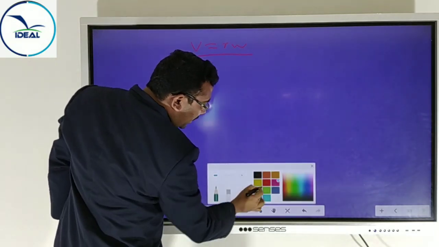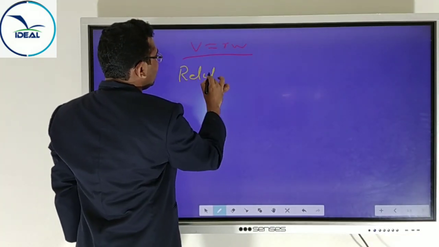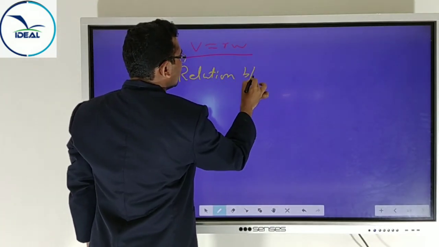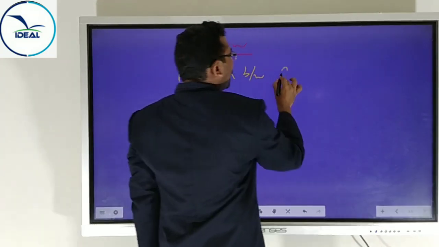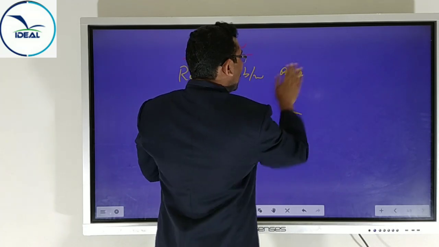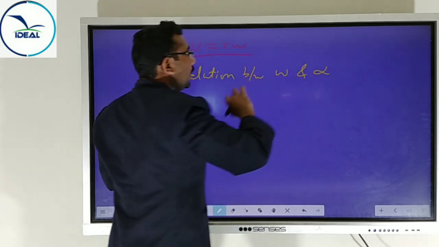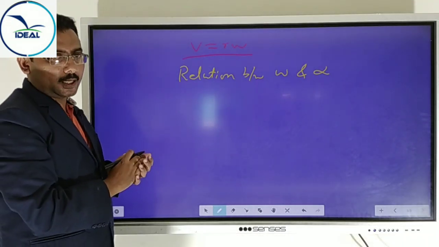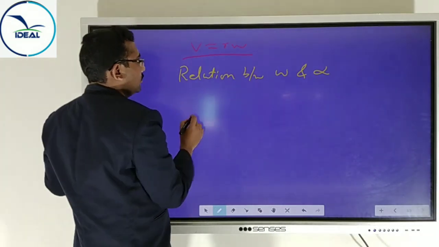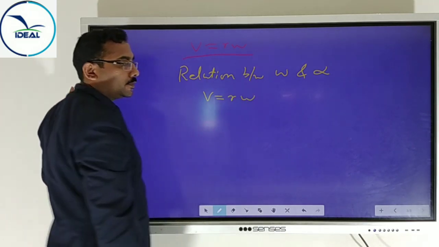Now the relation between omega and alpha, angular velocity and angular acceleration. We have v is equal to r omega.